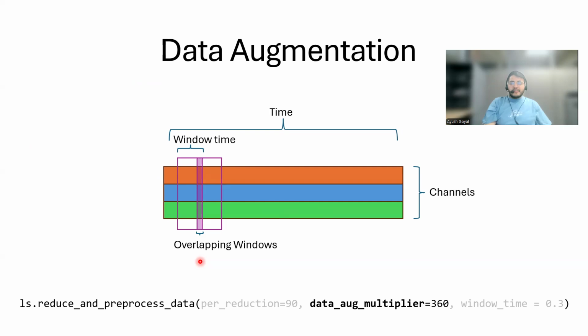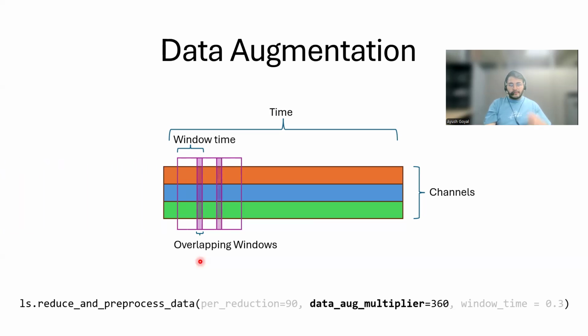That would be ideal if you have a lot of cloud compute and you just want the best model out of it. So you can have it at a very high number. Typically, it won't be as high as 360, but in this particular example, the data points were not enough. So we had to augment it a lot. That's why this is such a high number here.